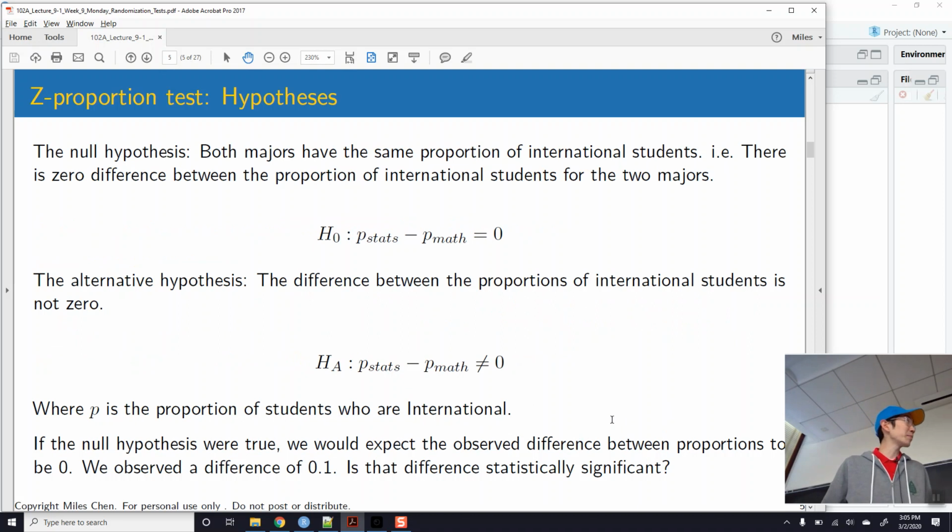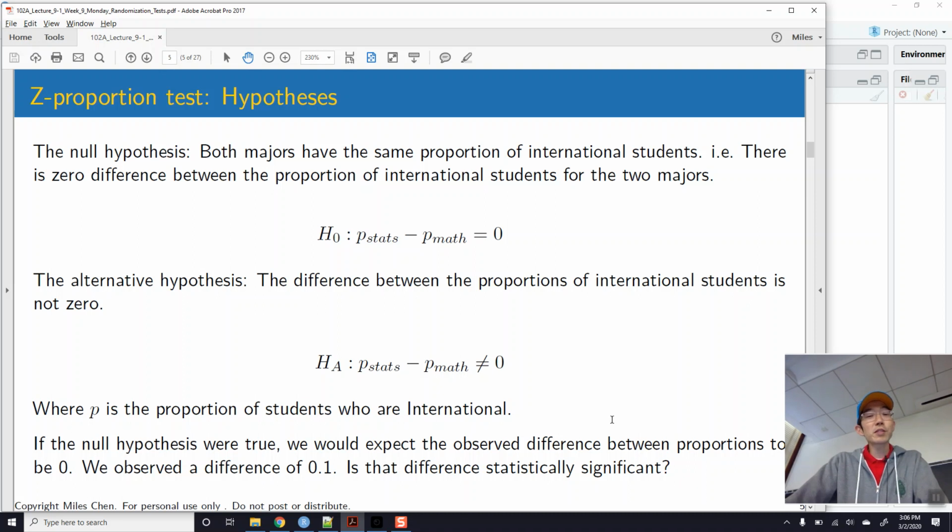So when we set up our hypotheses, the null hypothesis, which always has an equal sign, would be that both majors have the same proportion of international students. In other words, there is zero difference between the proportion of international students for the two majors. The null hypothesis is always about the population proportions, so we'd say P stats minus P math equals 0.